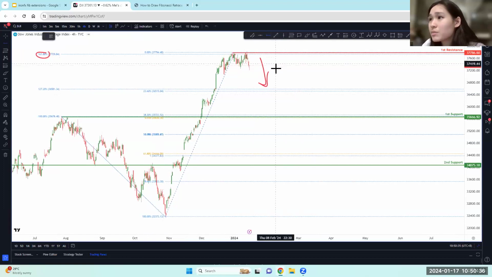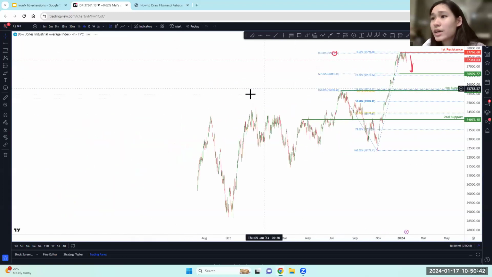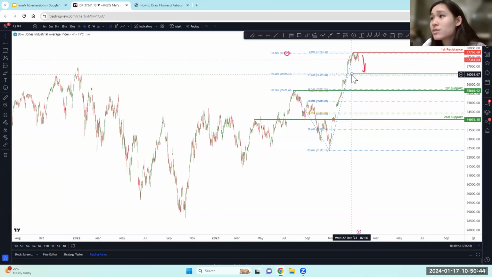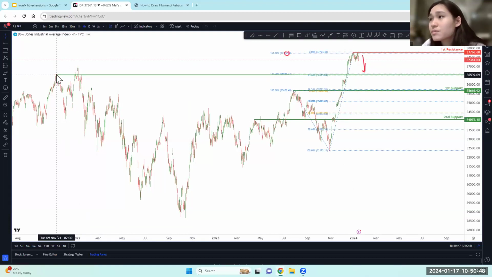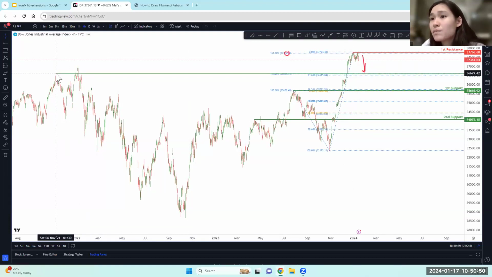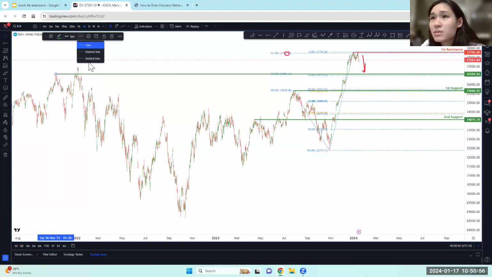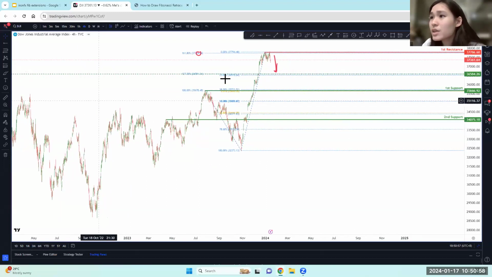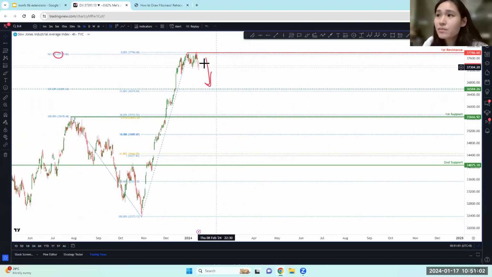So I might just put an indicator there. Let's see if we have previous levels. We kind of have this level here as well. This would be just an intermediate level that I'm expecting price to hit towards.